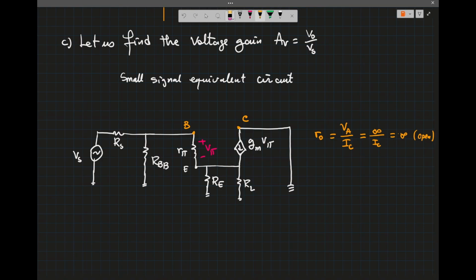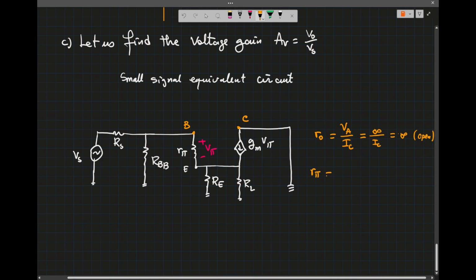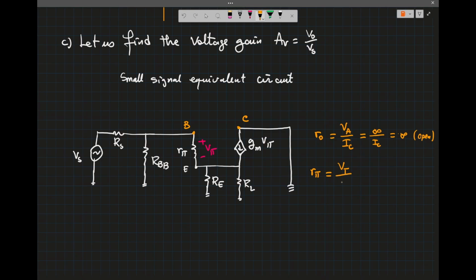Now, what is R pi? R pi is connected to the base, so it's VT divided by IB. What is VT? VT for this BJT is 26 millivolt. We can calculate that because we know all the DC analysis, we know IB and all that.